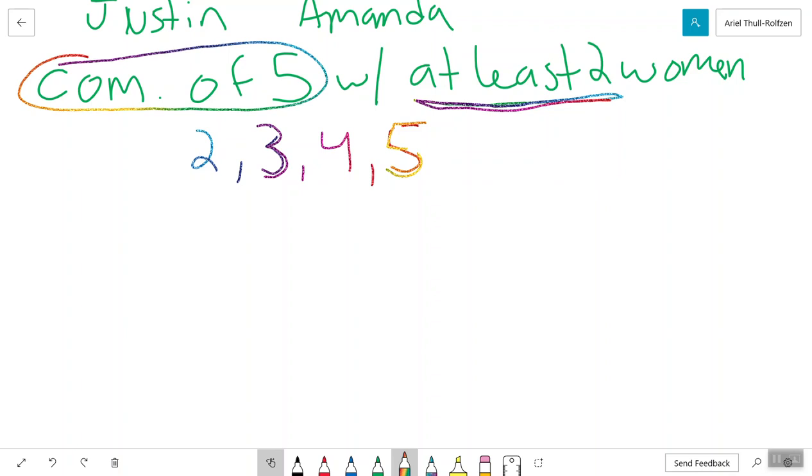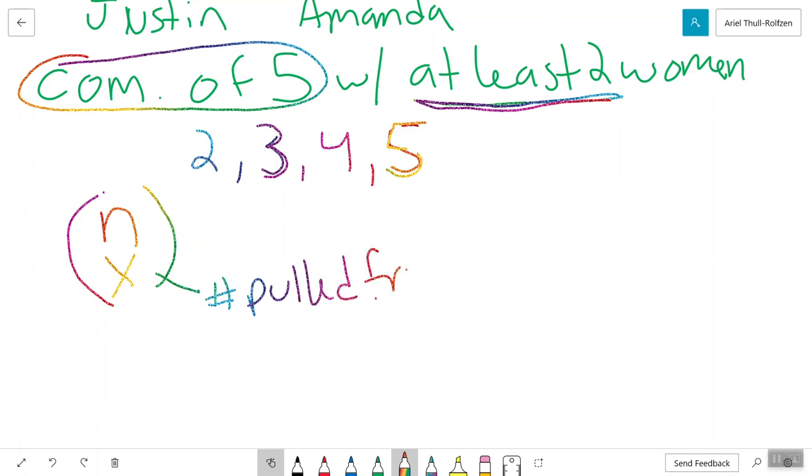So now how do we set this up? I always feel like setting up the denominator is the easiest, and this is going to be done with combinations. So a combination is going to be n over x, and x stands for the number pulled from the group and n stands for the total number. All right.